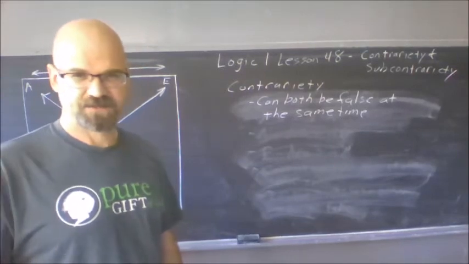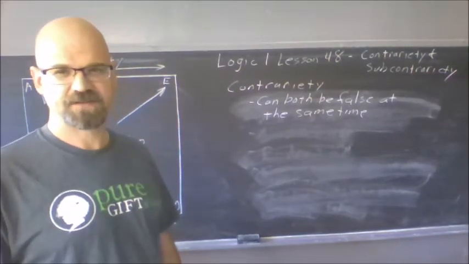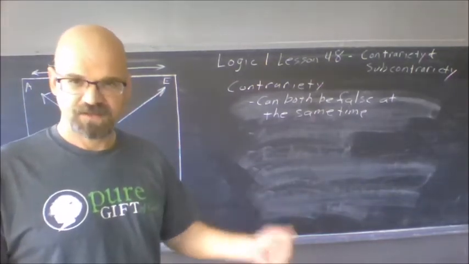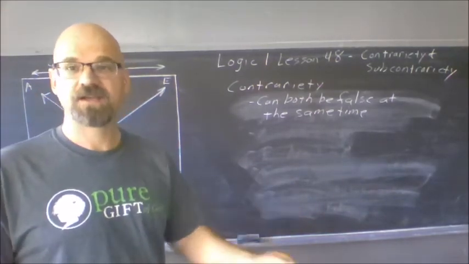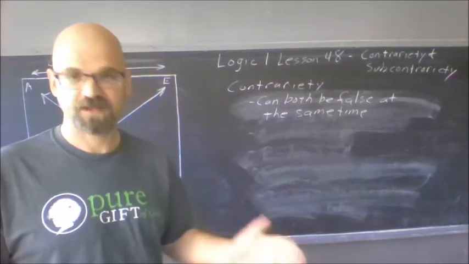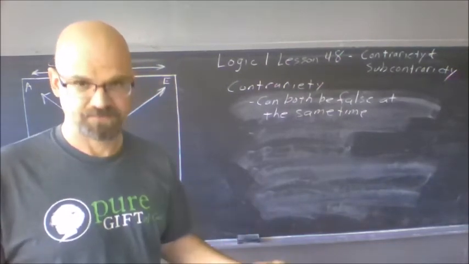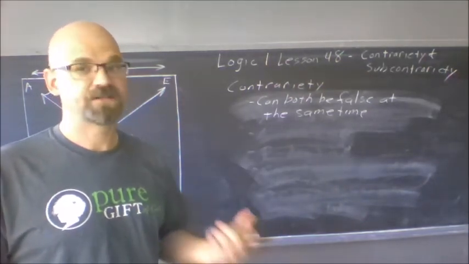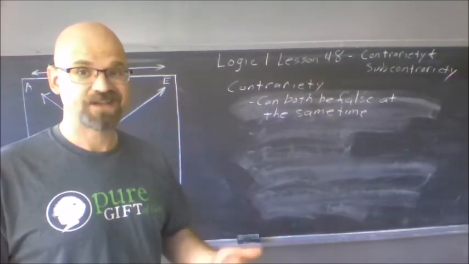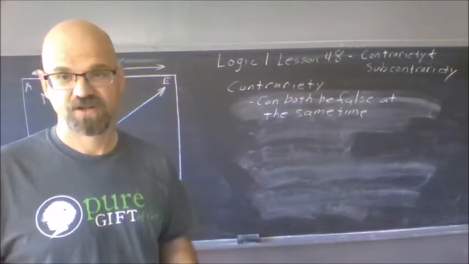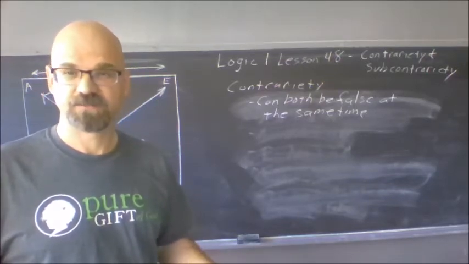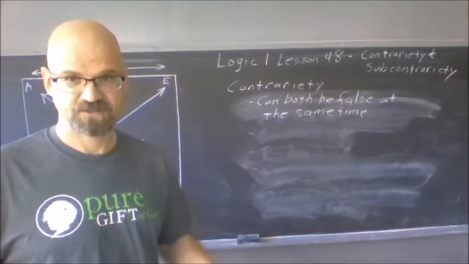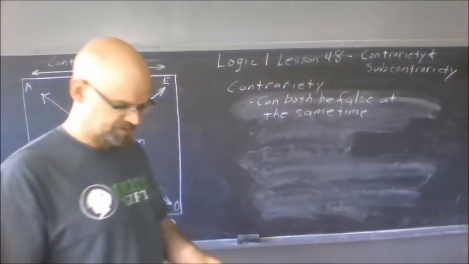So if you have a contrary statement, an E statement, and an A statement, if the E statement is true, you know the A statement has to be false. They can't both be true. If one is true, the other has to be false. However, if one is false, you don't necessarily know for sure that the other one is going to be true, because they can both be false. Okay? So that's the difference between that and contradiction.